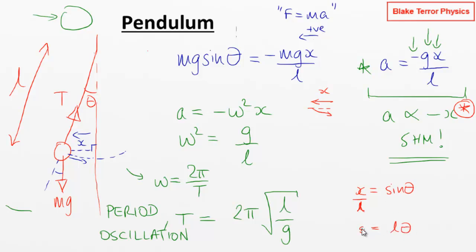So if we want x and s to be pretty much the same thing, then we need L sine theta to be roughly equal to L theta. So we're wanting sine theta and theta to be pretty much the same. We're getting into a small angle approximation.